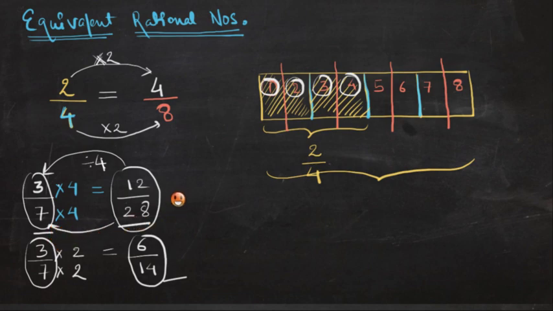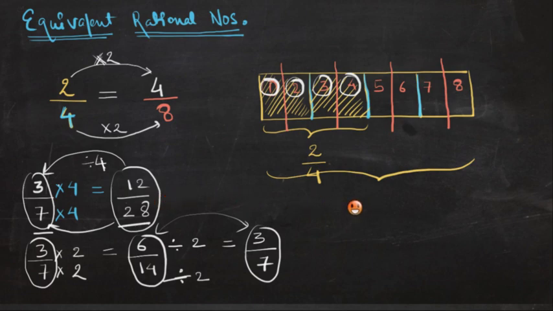So this also means that if I divide numerator and denominator with the same value, and if it is divided properly without leaving any remainder, then we would again get an equivalent fraction. For example, if I divide 6 by 14, both numerator and denominator, with 2, 6 divided by 2 is 3, 14 divided by 2 is 7. So 3 by 7 and 6 by 14 are again equivalent rational numbers. So this is how we define equivalent rational numbers.